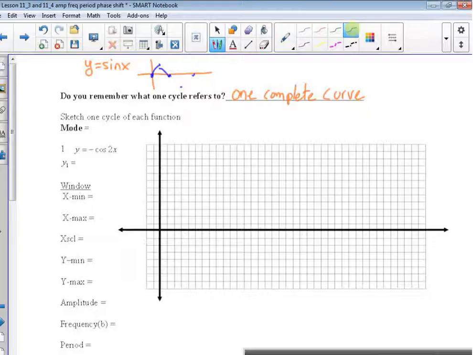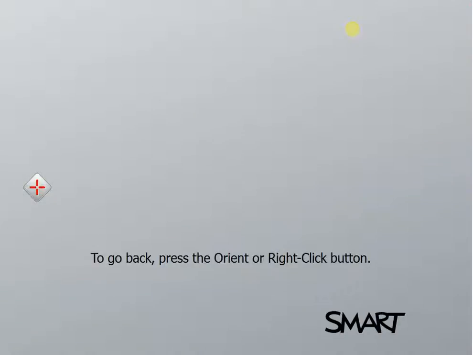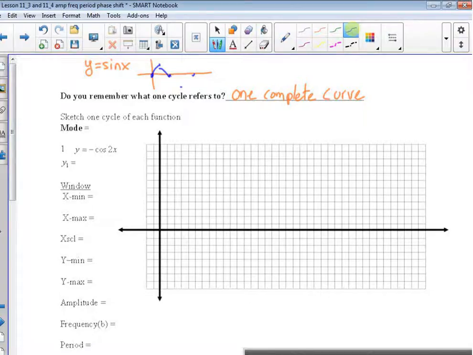I think my orientation is off. Okay, so let's try graphing that again. That was a bit messy. Okay, so we've got a key point here.